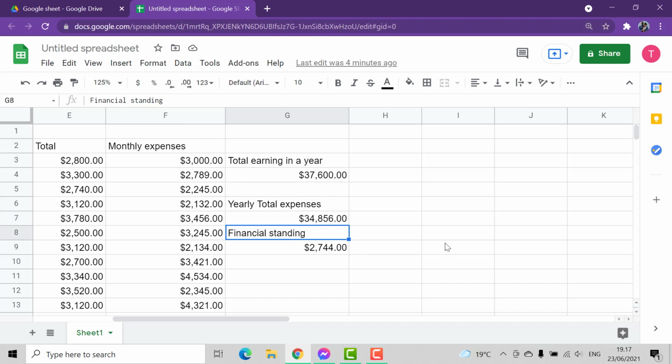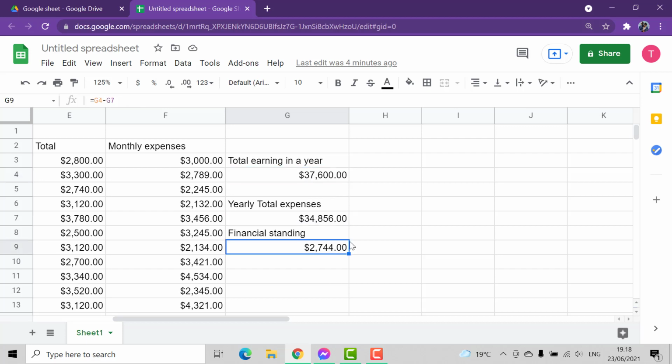So financial standing, I mean, will there be any surplus in your account? How would you understand it? You will subtract your total expenses from your total earning. So your total earning is this one, and just subtract this amount.